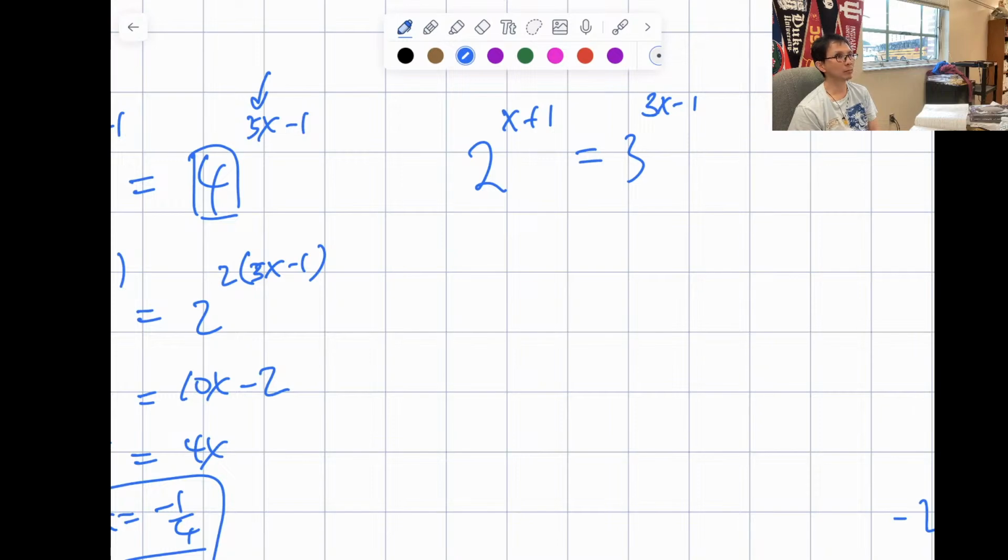What's the only thing you can do to bring the power down, to the front? I'm going to do natural log both sides. Remember, you can do something to both sides.